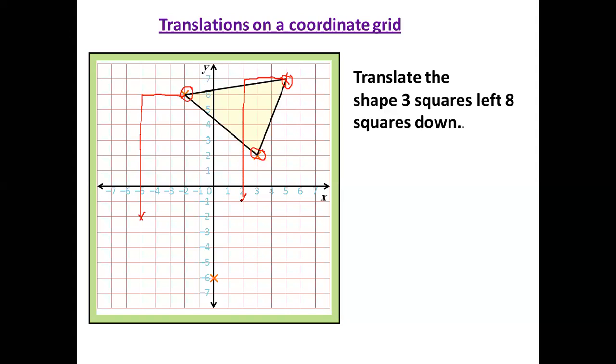So these are the new vertices of this triangle. I will connect them with lines now, and this is the new figure.